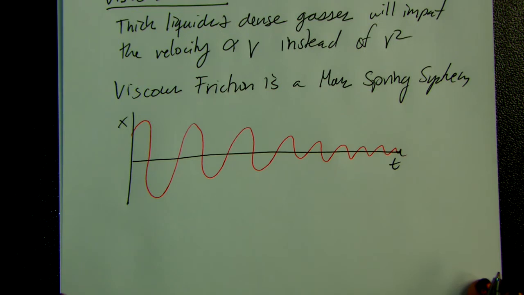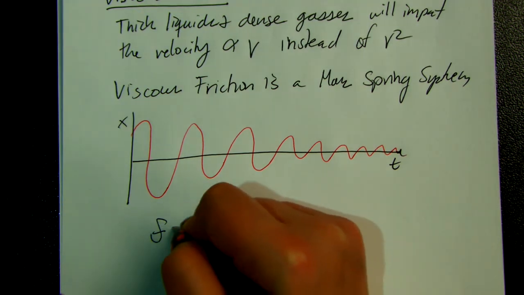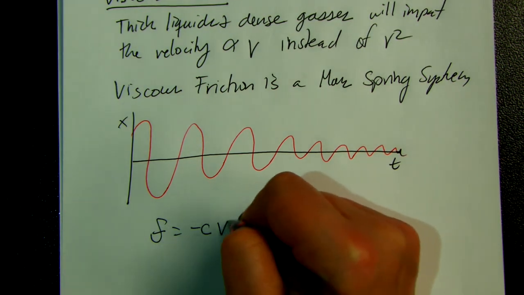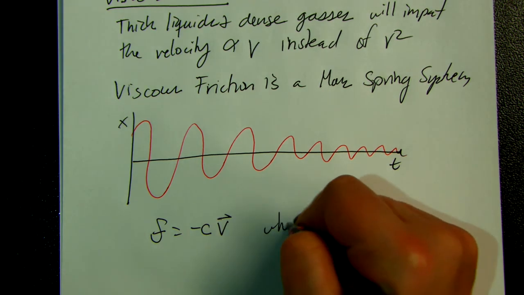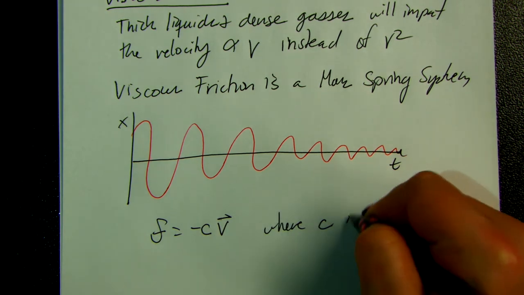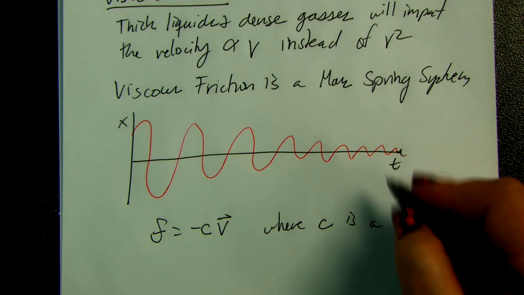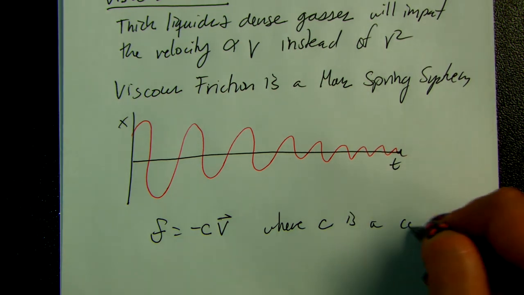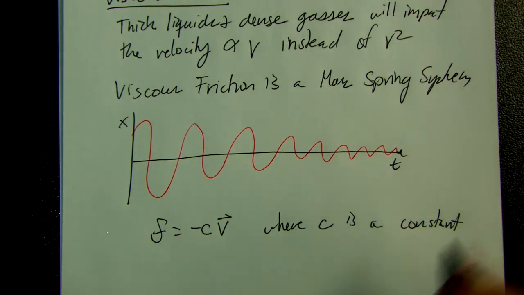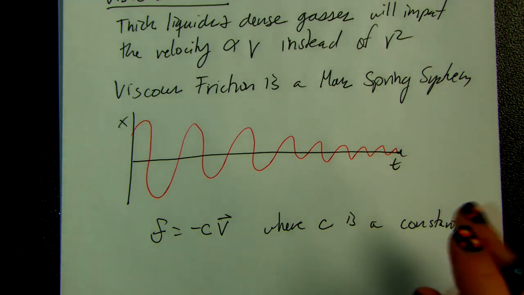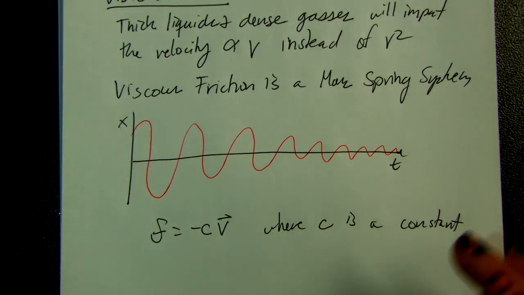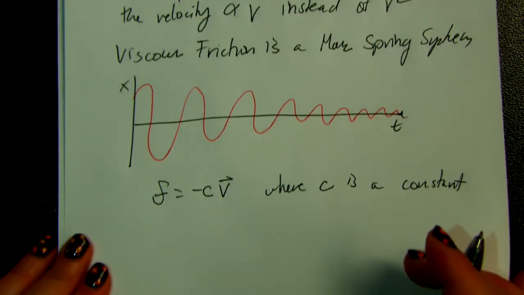So the frictional force would be equal to minus Cv, where C is a constant. And this is the frictional scaling constant. And so we can use this to update our analytical spring solution.